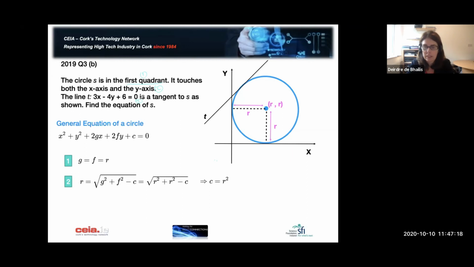And that gives us a nice tidy C is equal to R squared. Now we can rewrite the general equation of the circle, removing G and F and replacing it with R. And that leaves us with the problem where we need to find the radius. Once we have the radius, we have the equation of this circle.